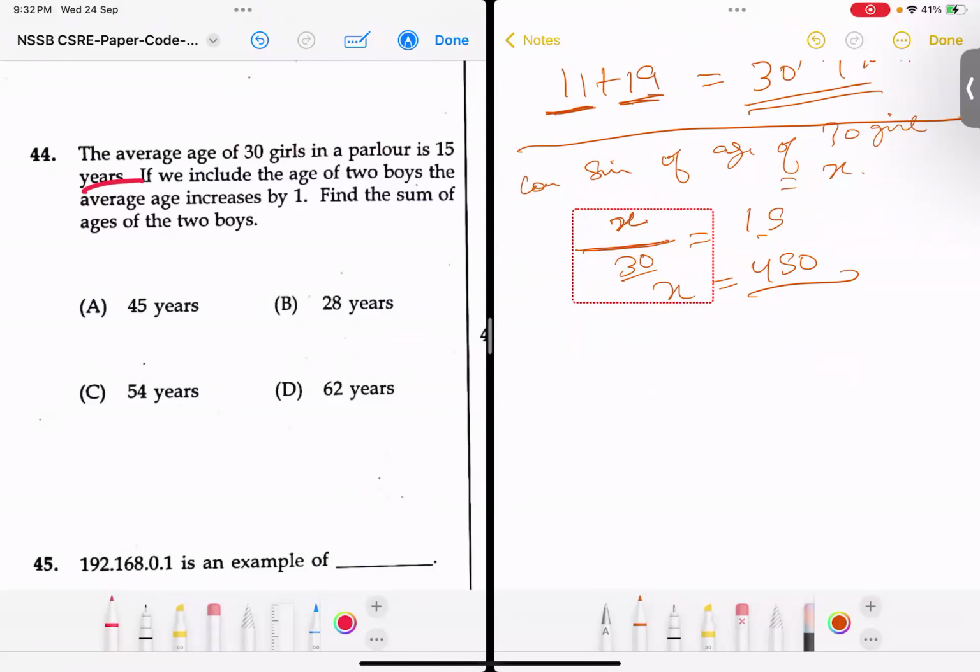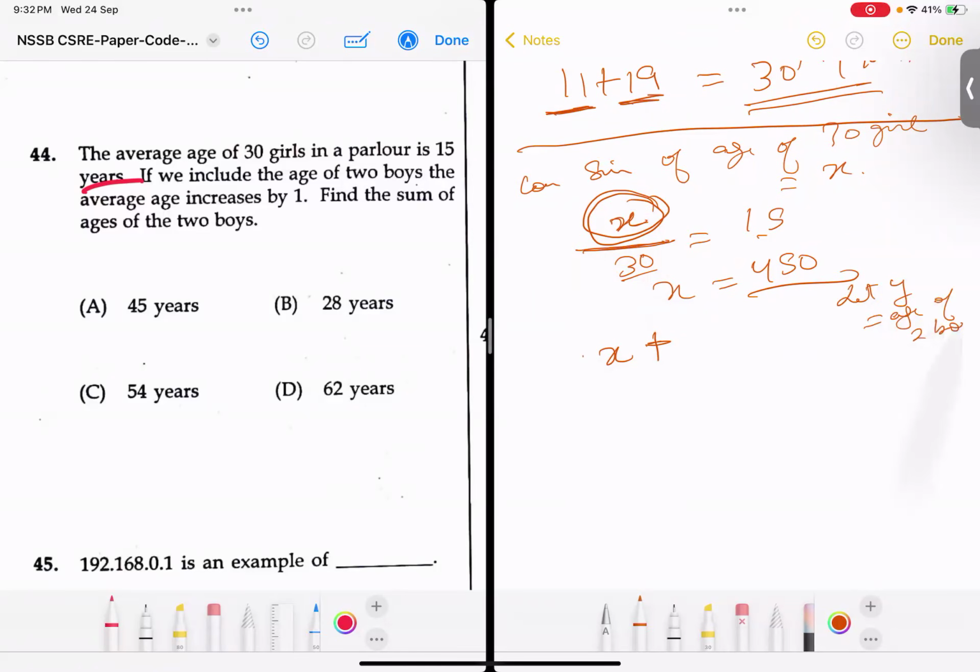Now, here it says, if we include the age of 2 boys, the average age increases by 1. This is the sum of the ages of the 30 girls, right? So the sum of the ages of the 30 girls plus, let y be the age of the 2 boys, okay?